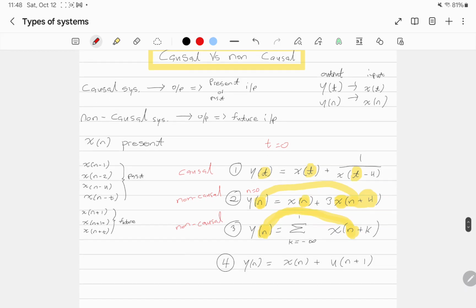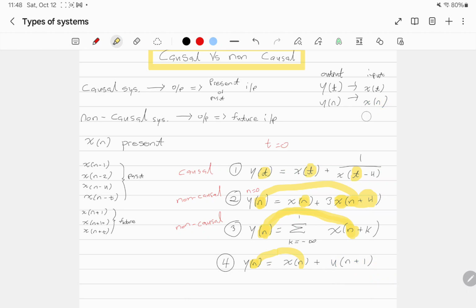Now the last one is a little tricky. We have the output y of n at 0, which is equal to, taking n equals 0 in this case, x of 0, but then u of n plus 1, this will be 0, and yeah, it's a future value, but what is our input? Our input is x of n. We don't care about u of n when we're checking, because it's not our input.